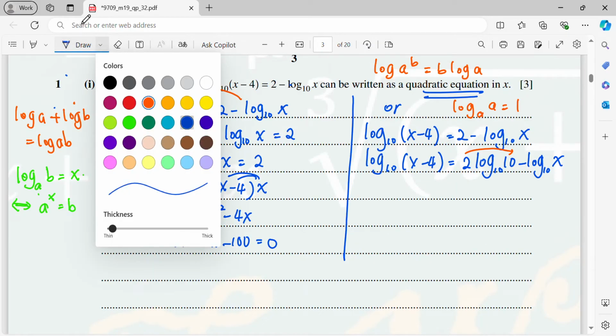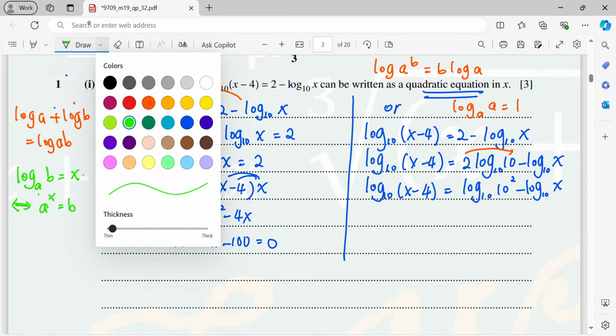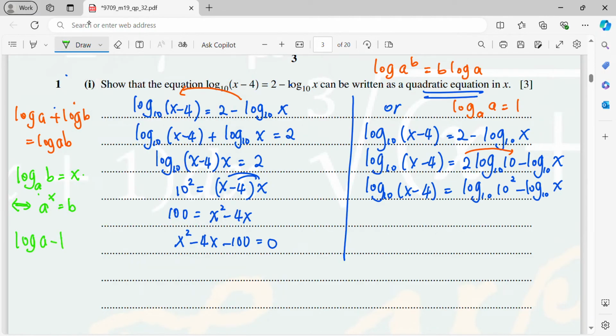That means now I will be getting log10(x minus 4) equals log10 of 10 squared minus log10 x. When this is minus, we have another formula: log a minus log b equals log a over b.